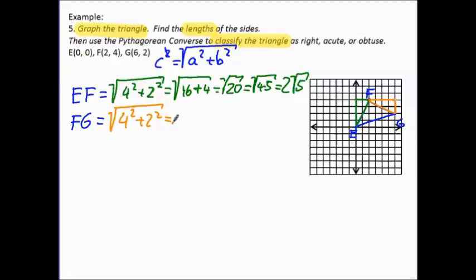Now we can go through the same math, but we obviously are going to get the same result. That's the square root of 16 plus 4, which is the square root of 20, which is the square root of 4 times 5, or 2 times the square root of 5 again.